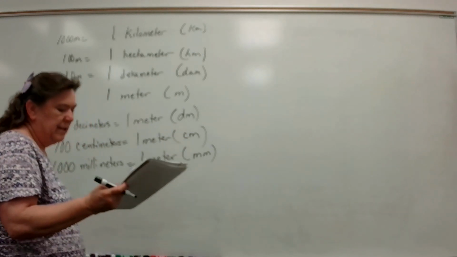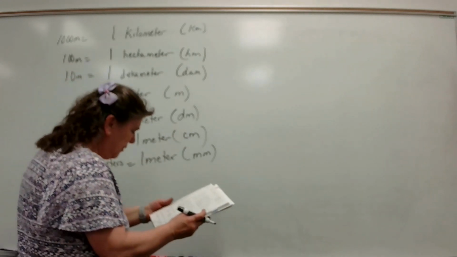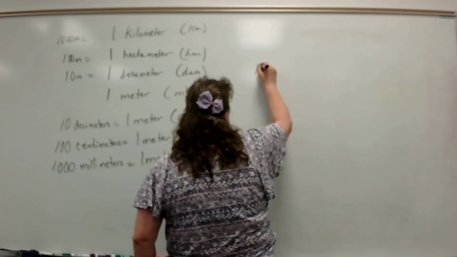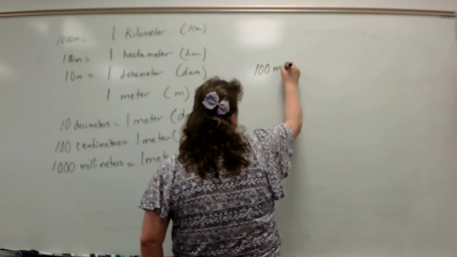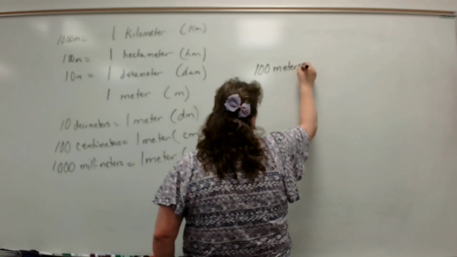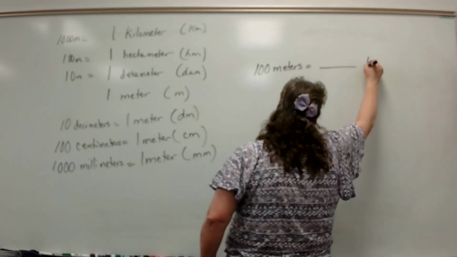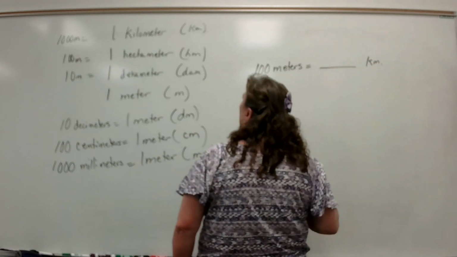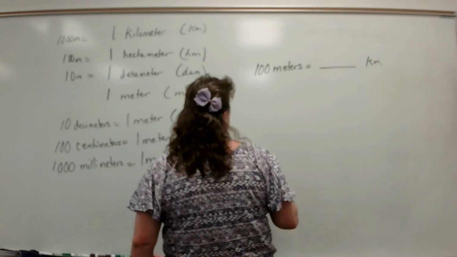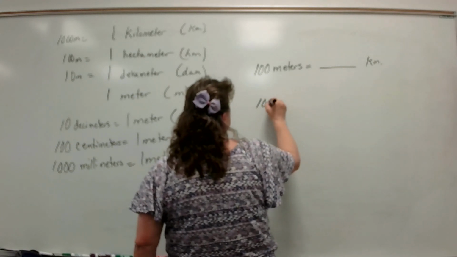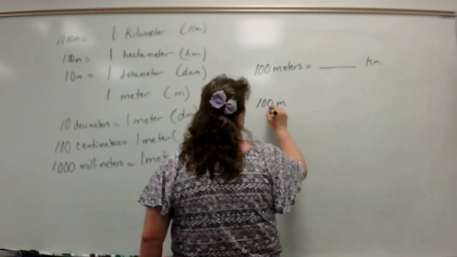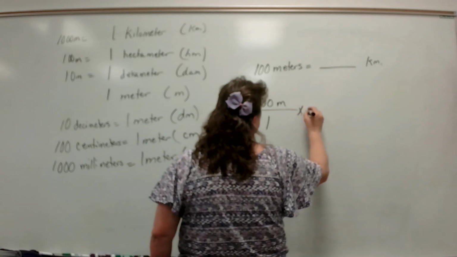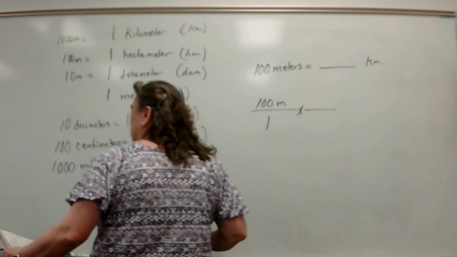All right? So if I wanted to know how many kilometers 100 meters equals, let's look. I have 100 meters, and we're going to put it over 1, multiply that by the equivalency statement.